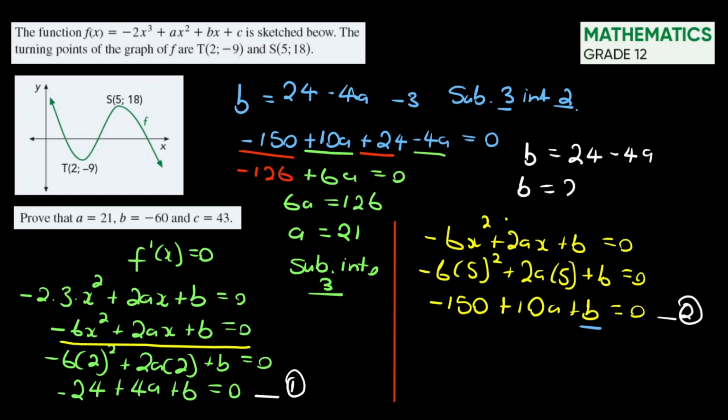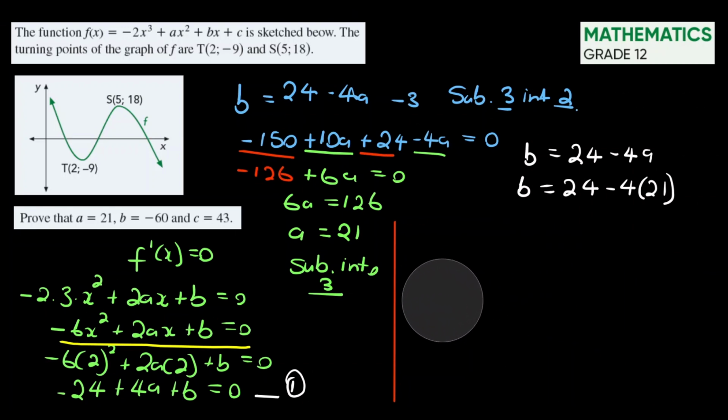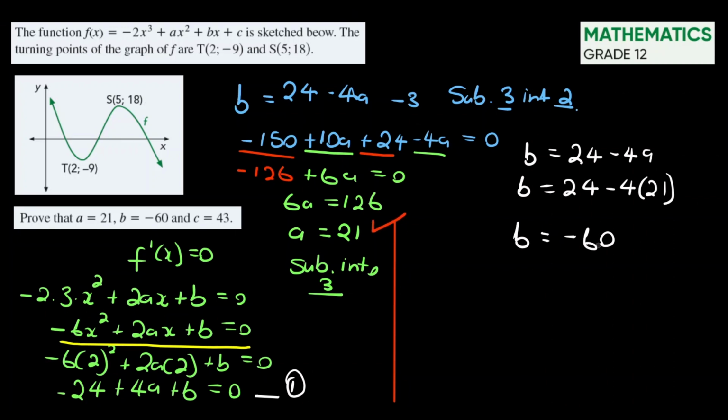So b is equal to 24 minus 4 times our a value, which is 21. If you punch that into the calculator or do some quick mental maths, you will see that we'll get an answer of negative 60. So far so good. We found what a is, 21, and what b is, negative 60.